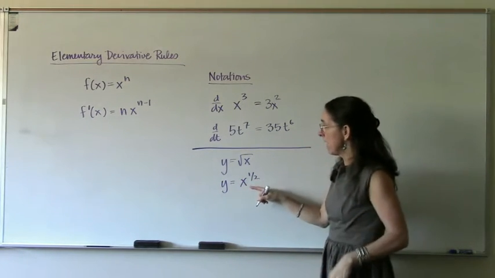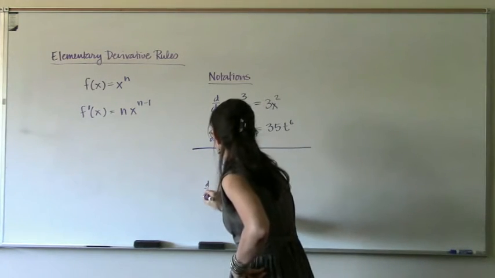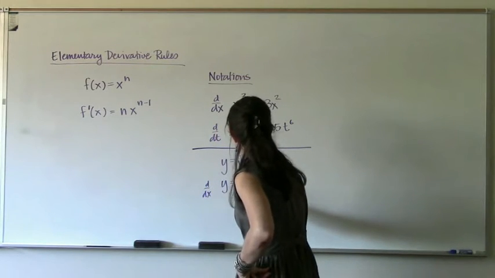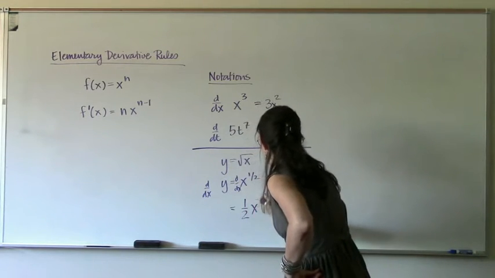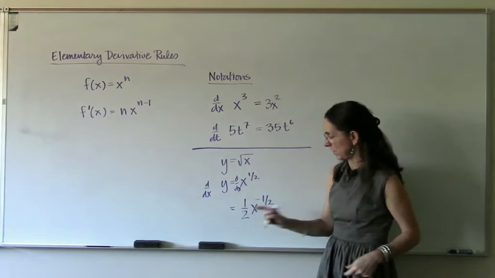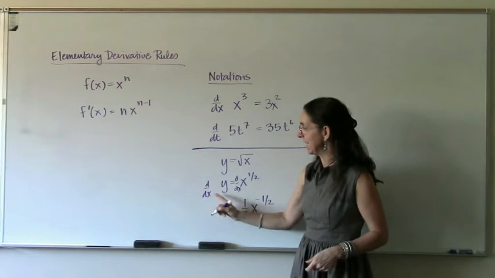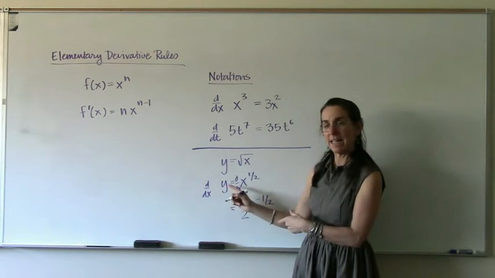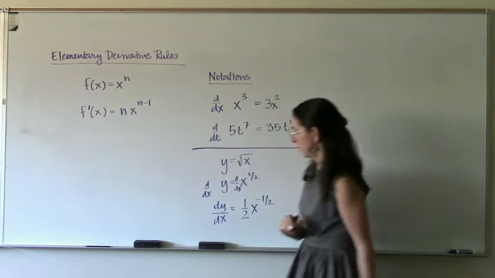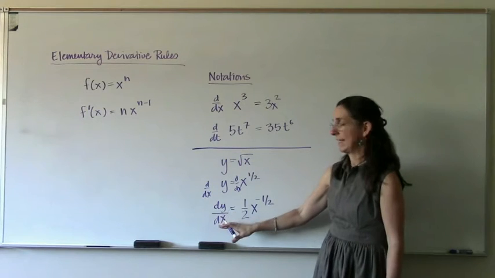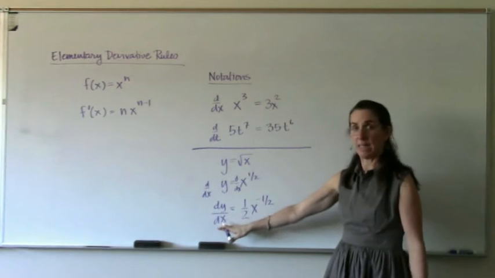To write the derivative of this, if you d dx over here and d dx over here, you'll end up with 1/2 x to the negative 1/2. If you bring the power down to the front and then subtract 1 from the power, you'll get this. And to d dx the variable y, if y is equal to this, dy dx, the derivative of y with respect to x, is written like this.